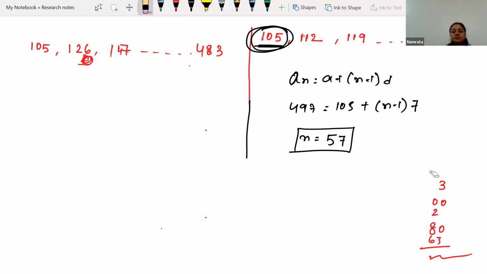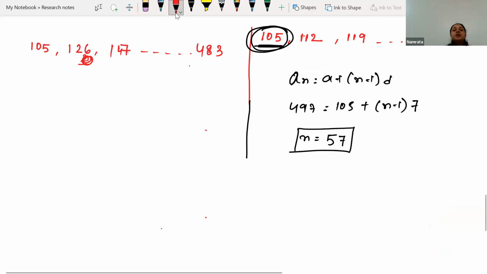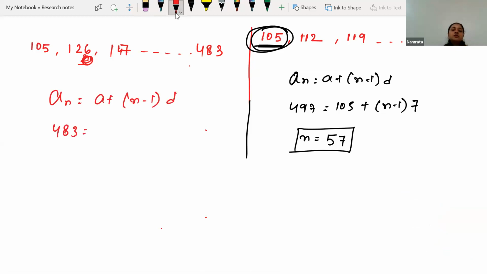Yes, ma'am. So we got the sequence where the numbers are divisible by 21. How many terms are there? Let's do it quickly. an equals a plus n minus 1 into d. an is the last term 483, first term 105 plus n minus 1, and d we know is 21.